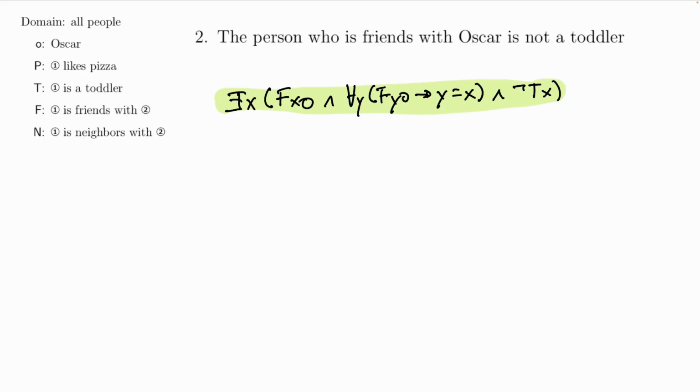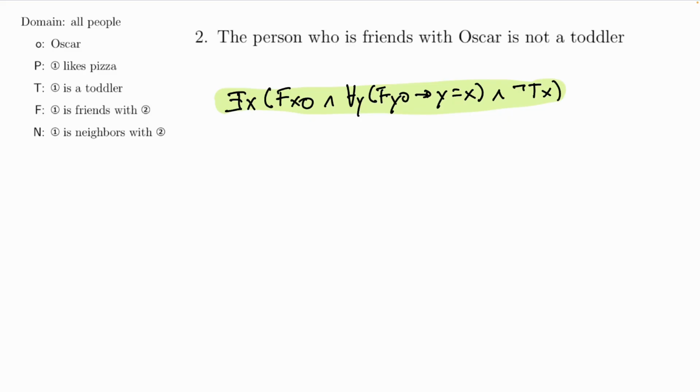And perhaps such an individual could express their disagreement with the claim the person who is friends with Oscar is a toddler by uttering this sentence. By saying the person who is friends with Oscar is not a toddler, perhaps that could be used to express the denial of the claim that the person who is friends with Oscar is a toddler.